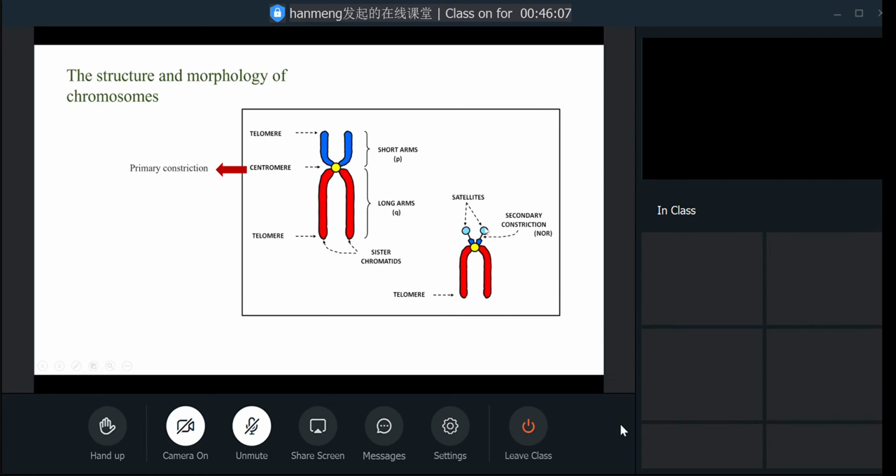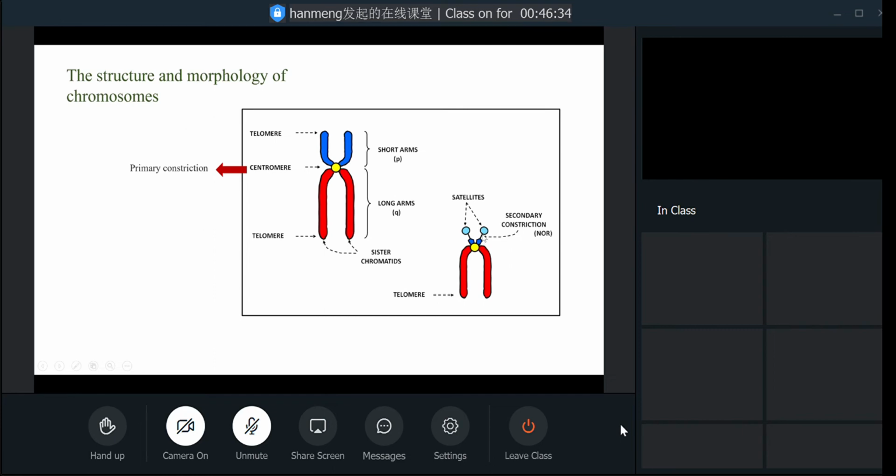Also, in some chromosomes, because the centromere is almost at the end of the chromosome, the short arm of this kind of chromosome has what are also named satellites.